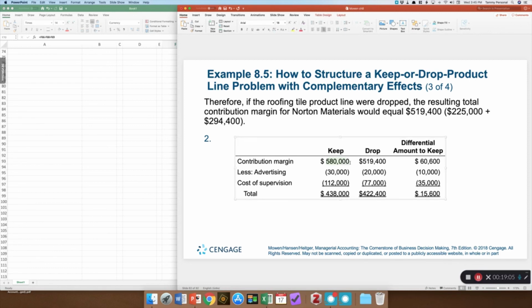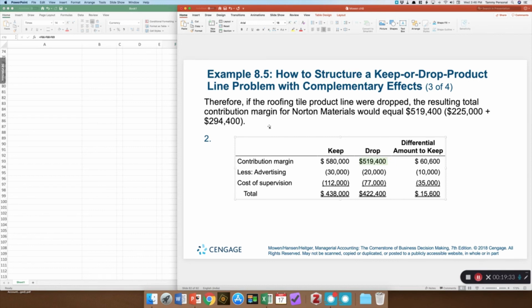We had $580,000 in total contribution margin, minus the advertising, minus the supervision, so that gives us a total contribution margin if we keep the tiles. If we drop the tiles, we're going to have a total contribution margin of that 225 plus 294.